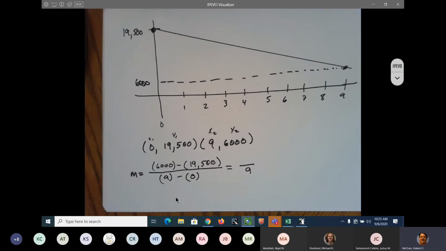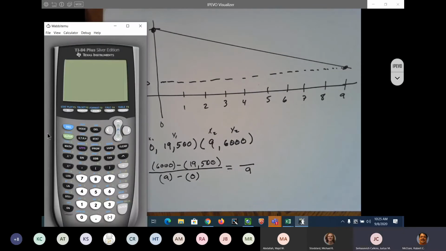Okay, so take your handy dandy calculator, and you want to make sure you do it right. That's 6,000 minus 19.5, and that's negative 13.5.